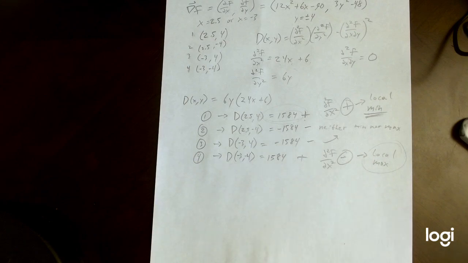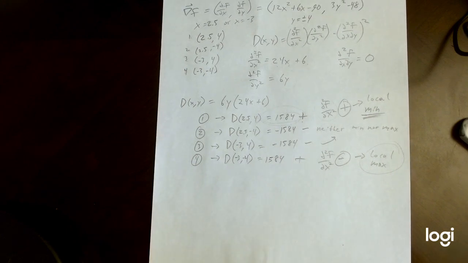And so this is how we should go about trying to figure out whether these things are local minima or maxima with this new version of the second derivative test.